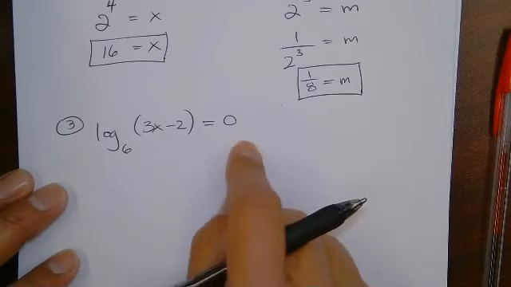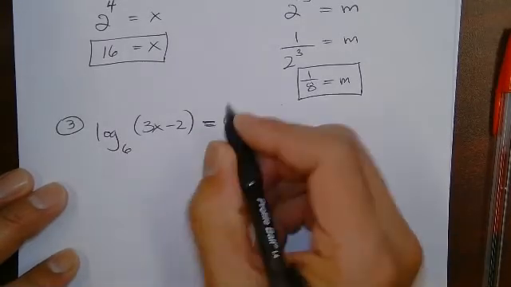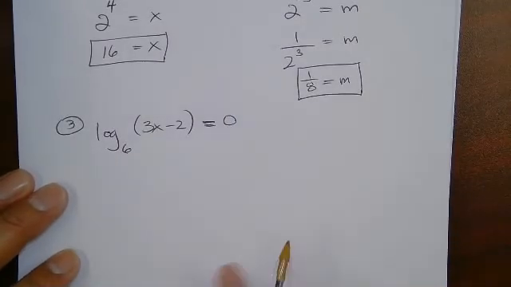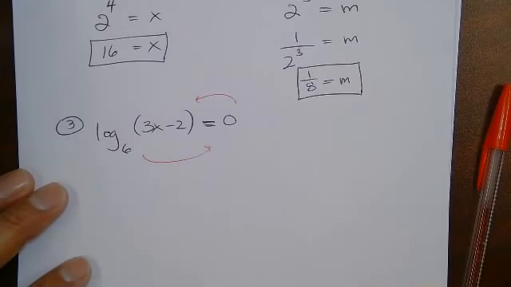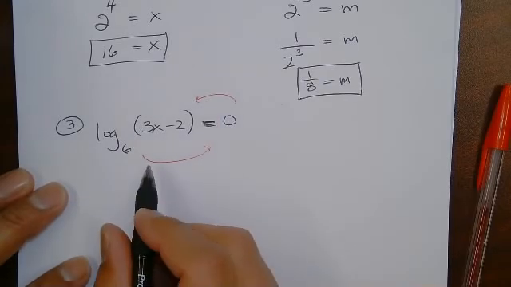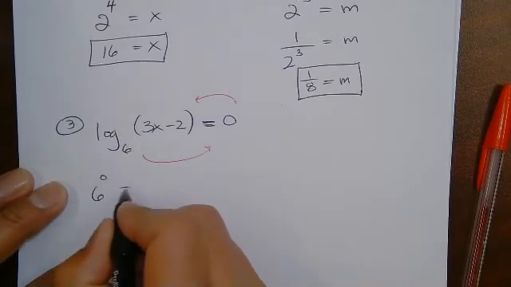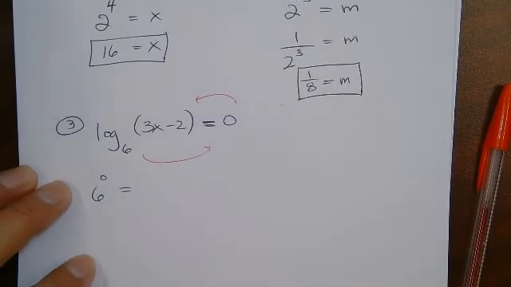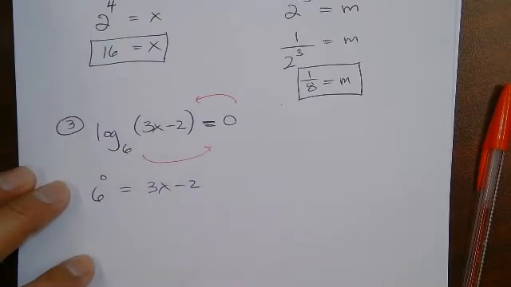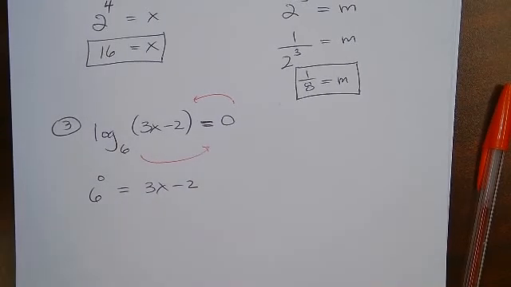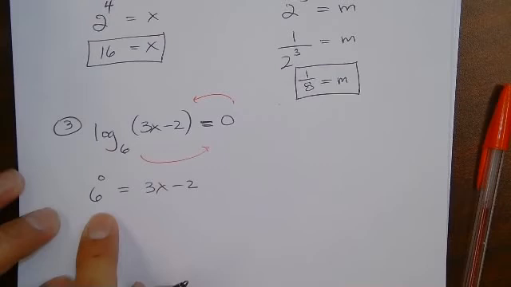When it's one logarithm only and a number over here, these are the ones you do that counterclockwise business. This is going to be 6 to the power of 0 equals 3x minus 2. We've done those last semester.